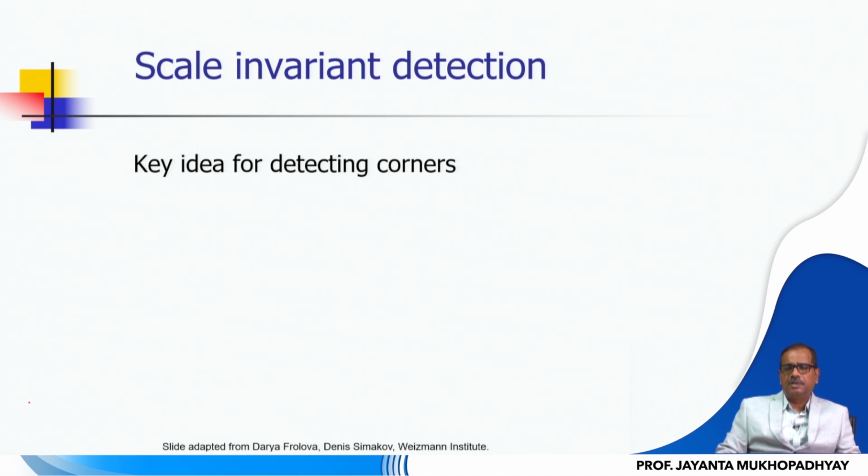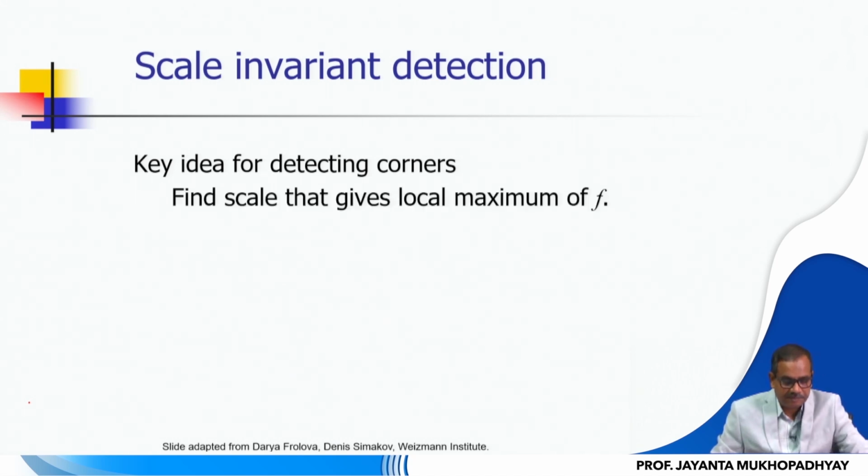So how do you get a descriptor of that structure so that, even with the change of scale, it still establishes the correspondence? The problem is that even for the same structure, the local descriptor changes with scale. I am just giving one example. So we say at which scale this description is made.